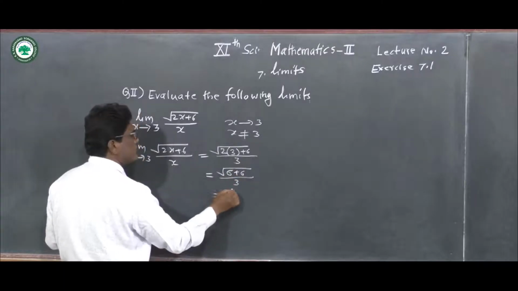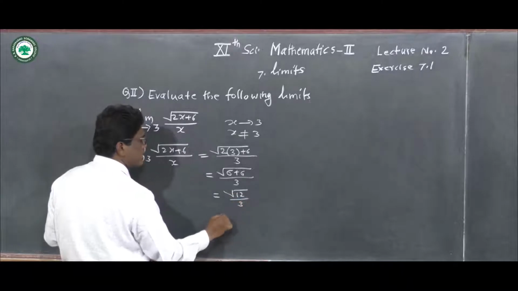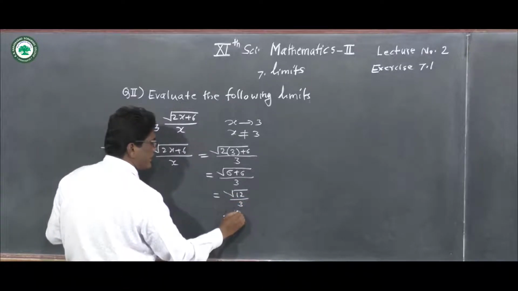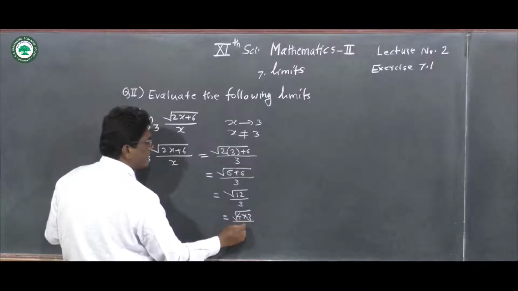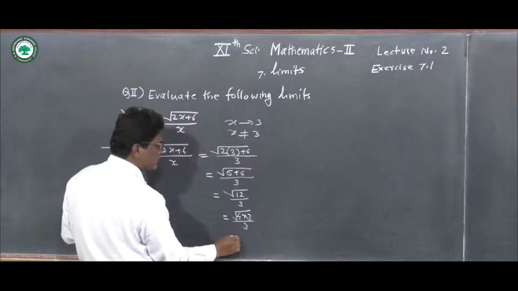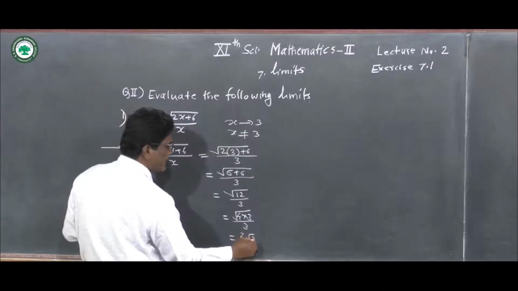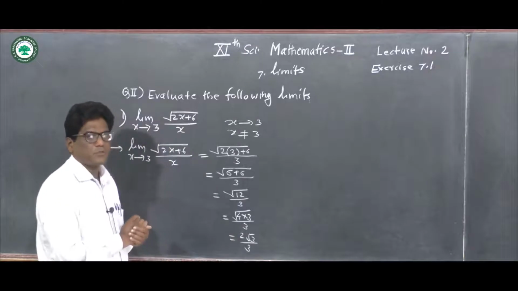So it is under root of 6 plus 6, that is 12, divided by 3. We write this 12 as 4 into 3, divided by 3. The square root of 4 is 2. So it is 2 into root 3 divided by 3. This is the solution of this problem.